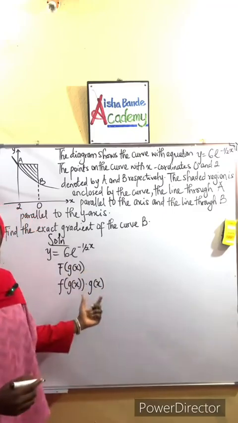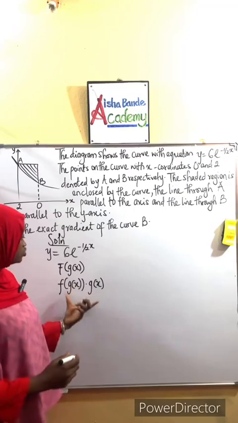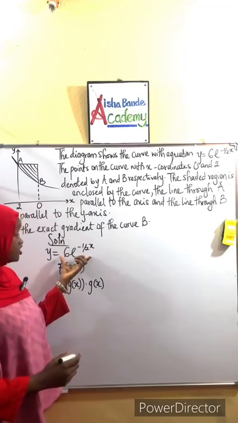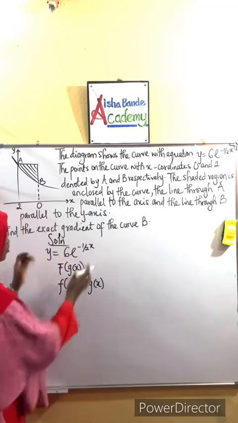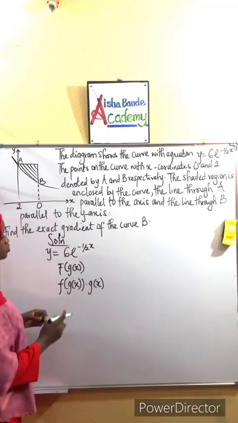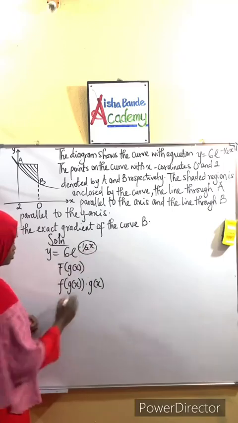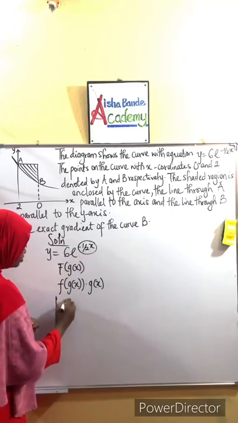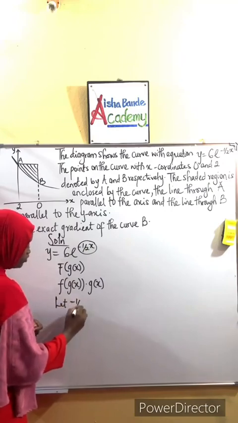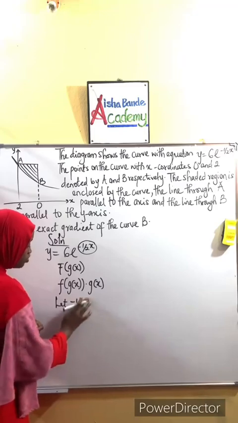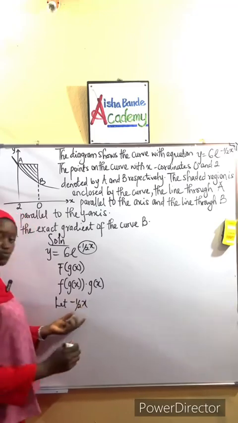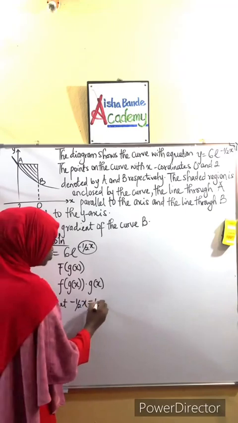So from this chain rule, we can use this to differentiate what we have here. Differentiating now, we make the power, minus 1 over 2x, be represented by a letter, let's say u.